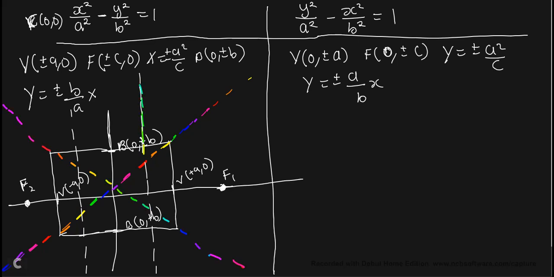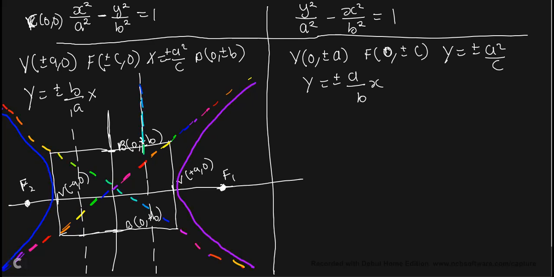Since it is on the x-axis, the curve will come from this side, like this, and pass through where there is the vertex, like that, right? Even this side, it will do the same thing: come from this side, pass here where there is a vertex. So that's how you draw that.